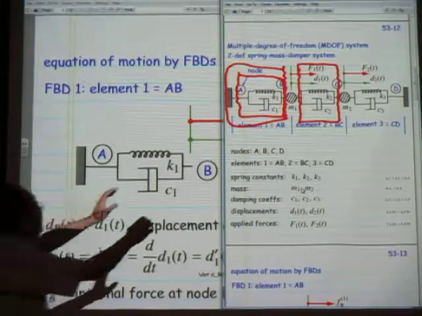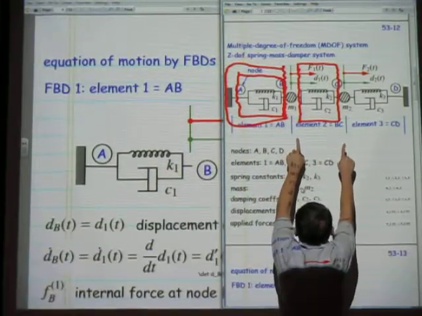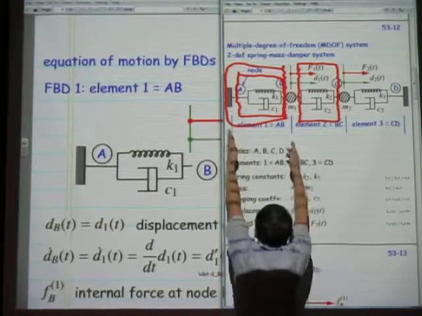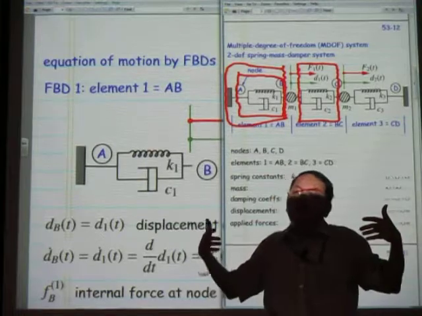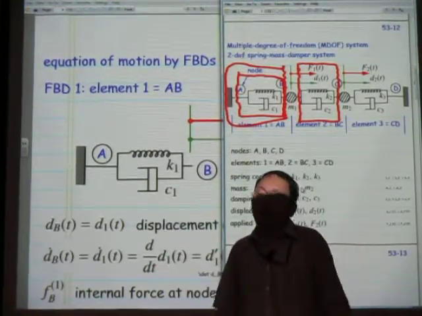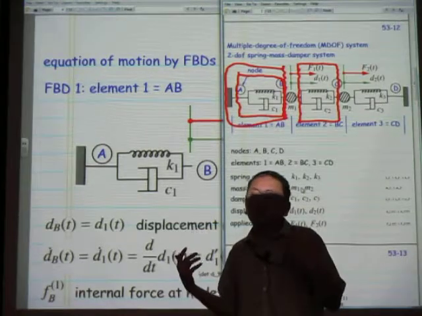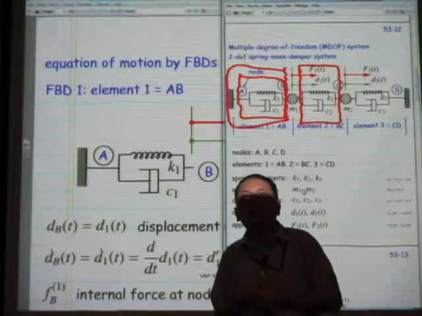Because I was focusing on developing the equations for mass M1 and mass M2, I said, okay, let's include the support because then I implicitly eliminate the displacement A. But I think you can do the more general way as well. That's what I would advise.